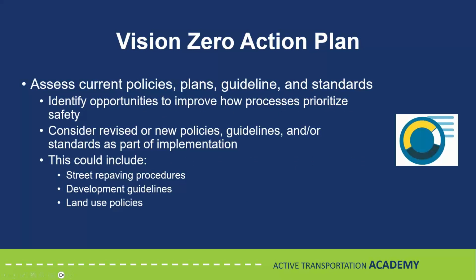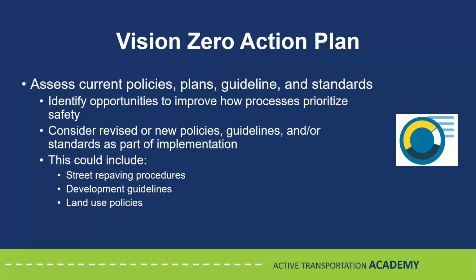The Vision Zero planning process offers an opportunity to evaluate existing plans as well as policies, guidelines, and standards. Consider what could be added or revised to prioritize safety. This could include evaluating how your jurisdiction approaches street repaving so that future repaving projects can include street redesigns to improve safety. You could also look at development guidelines so that new development projects can contribute to fixing existing safety deficiencies.